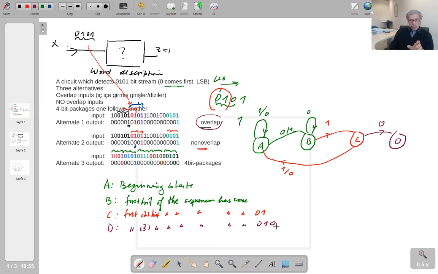You detected the first sequence, and you also detect the first 2 bits of the second sequence. That means that's the C state, isn't it? So when 1 comes, you're going to come back to that C, and your output is going to be 1. Why did I come to that C? Because C says the first 2 bits of the sequence, 0, 1, came.